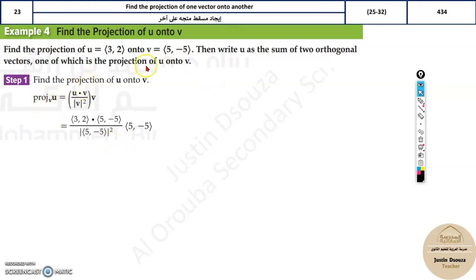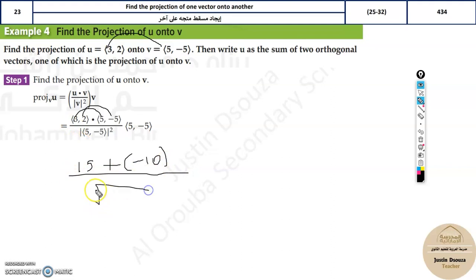Now, here the vectors are given. The dot product of these two vectors would be 3 times 5, that is 15, plus 2 times negative 5, that is minus 10. And the magnitude over here is the square root of 5 square, 25, plus negative 5 the whole square, also 25, and then you raise it to the power 2, and you multiply it with 5 and negative 5.